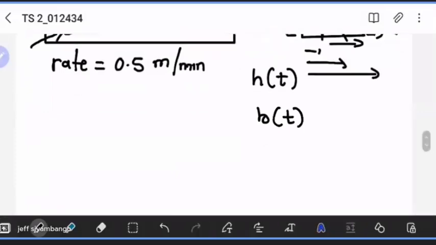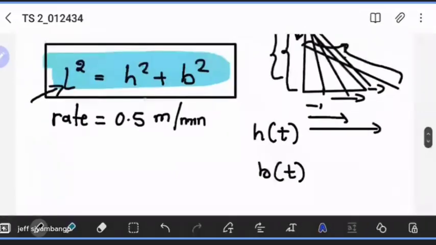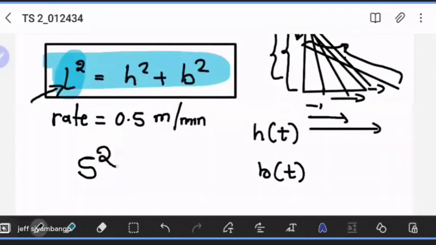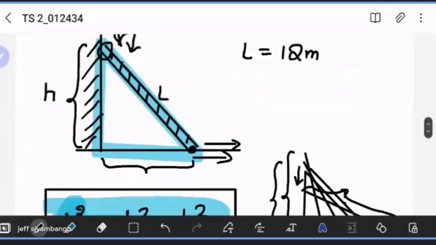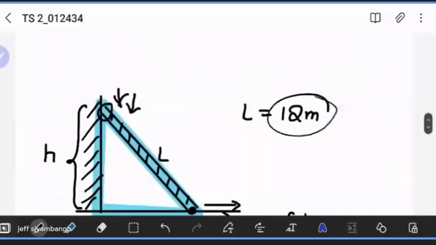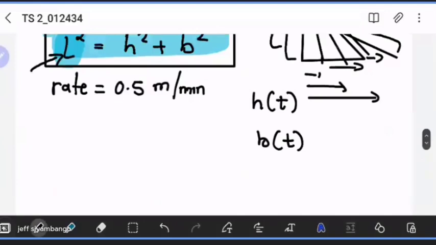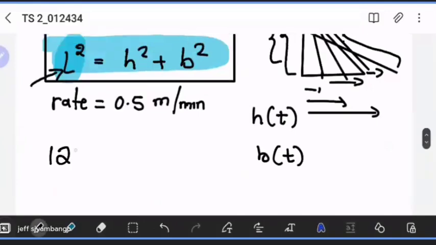L is a constant. So in differentiating this expression implicitly, you have to remember or observe that this L here is a constant. It's the same as 5 squared. In fact, it was even given that this is a 12. So we might as well just write that the length there is 12 squared.